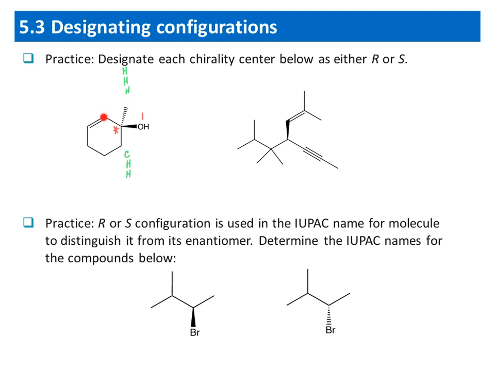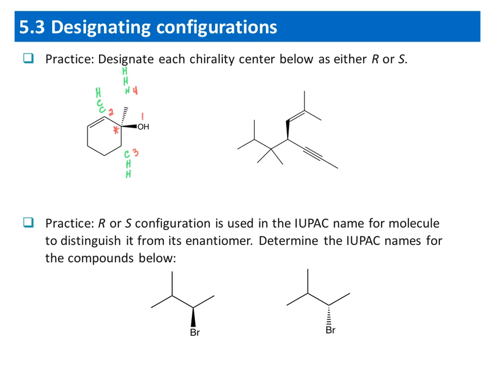This carbon is connected to the hydrogen, and it is connected to 2 carbons because there is a double bond here. So we have carbon, carbon. Now by looking at this, this is our second priority, this is our third priority, and this is our fourth priority.